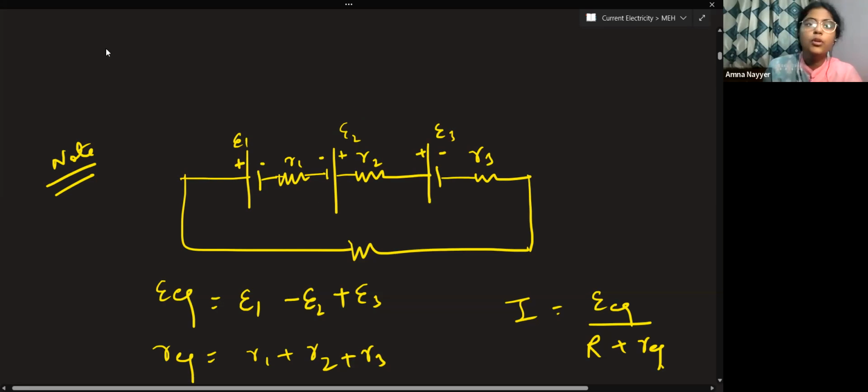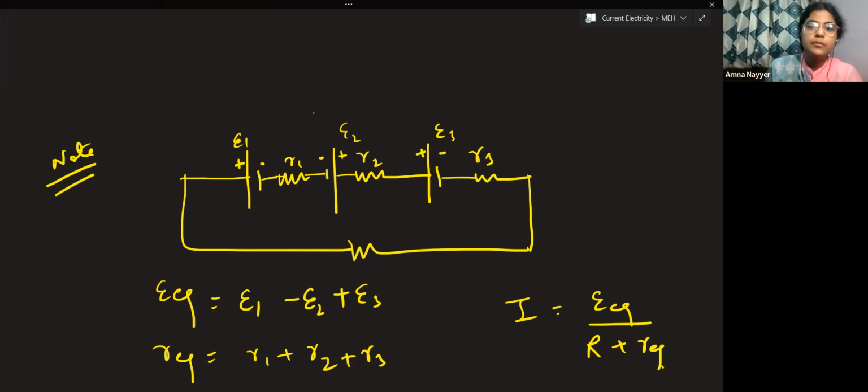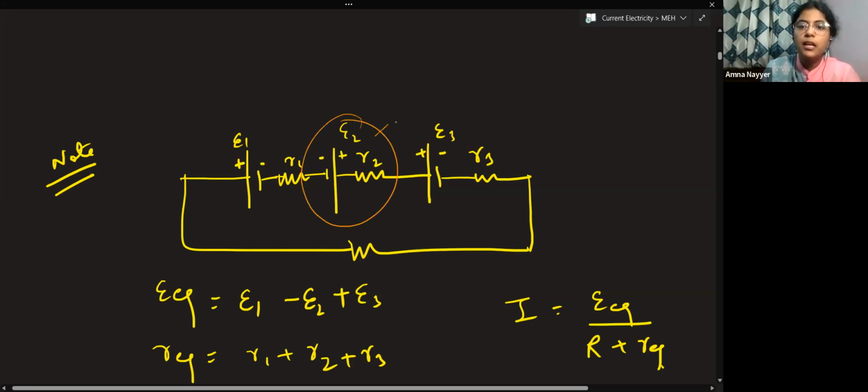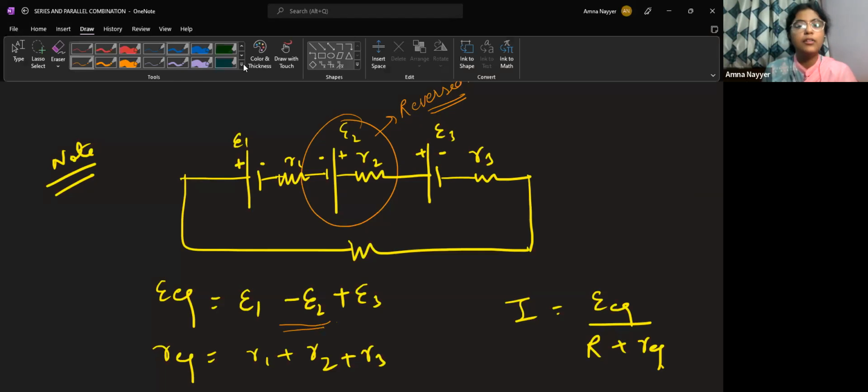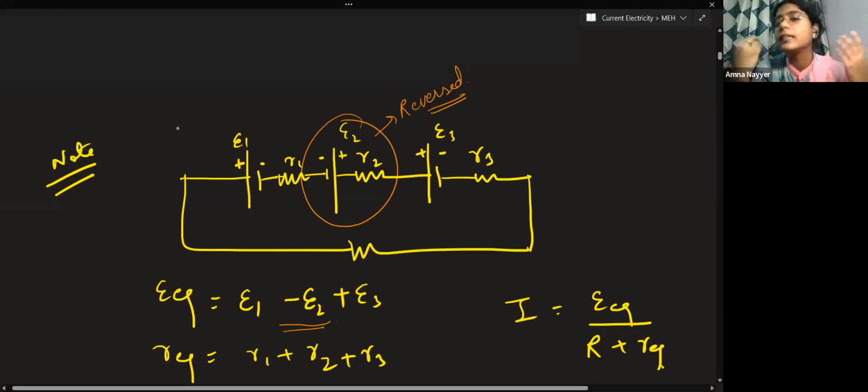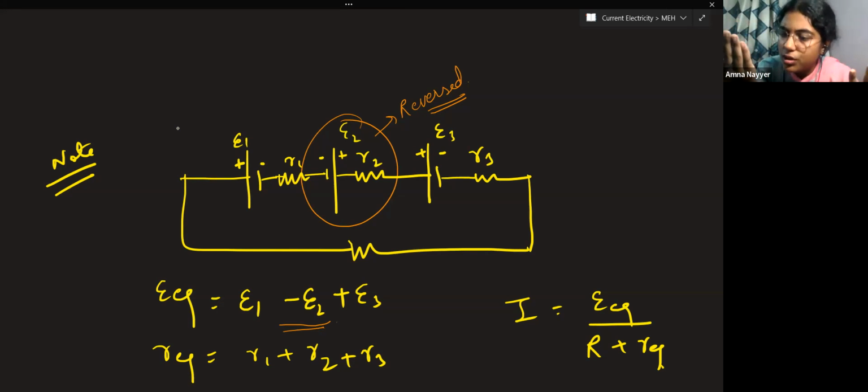If you look at this cell carefully, this cell has been reversed. So when any cell gets reversed, the direction changes, you add a negative sign, in case of EMF only. In case of internal resistance, that remains the same as it is, because resistance can never be negative. So even if the direction also gets changed.